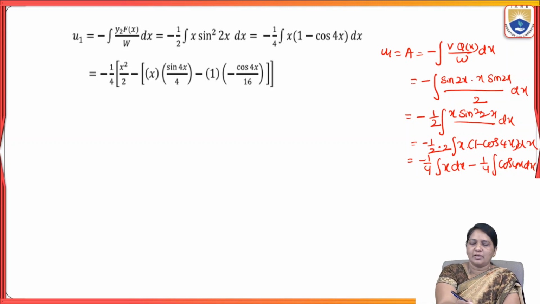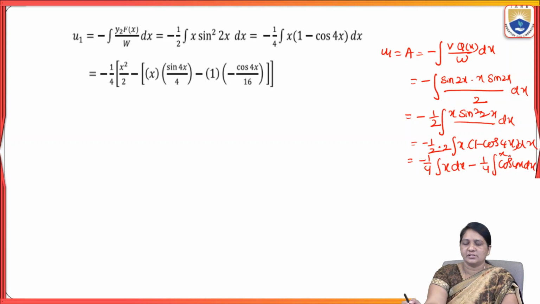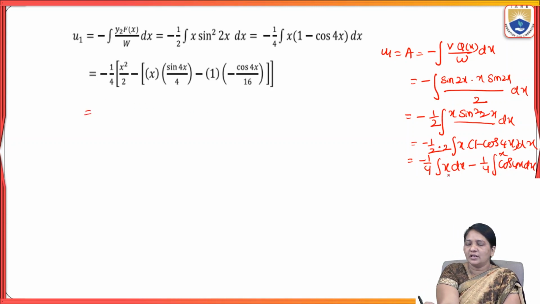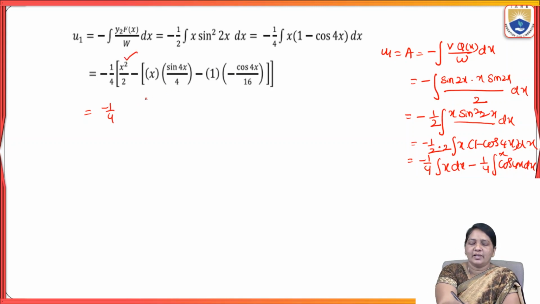So based on that, here we have x, and here one more x is there. So finally, integral x is x square by 2, so minus 1 by 4 into x square by 2, and also minus 1 by 4 integral x into cos 4x dx.